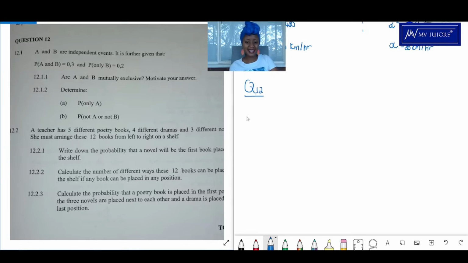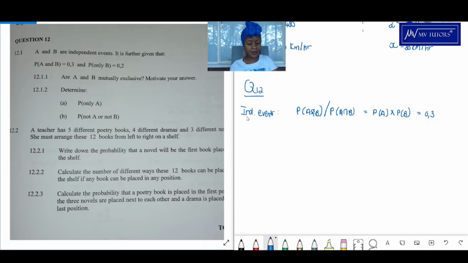As soon as I hear independent events, I'm thinking that the probability of A and B is equal to the probability of A times the probability of B. That is basically the intersection, and they tell us that it is 0.3.